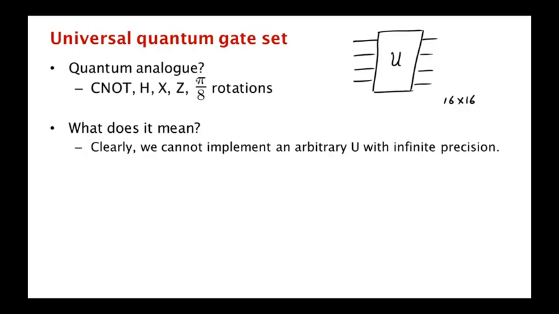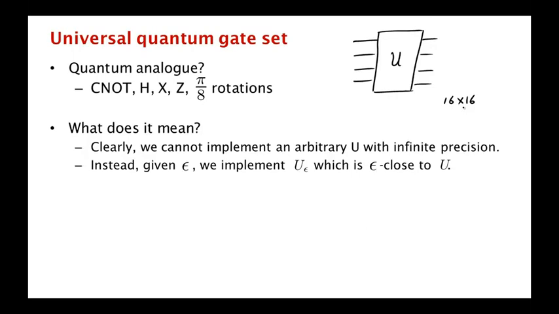And moreover, we'll do it pretty efficiently. Okay. Now, there's one problem. We cannot, of course, implement U with perfect precision, because U, after all, is represented by a 16 by 16 complex matrix, and you need infinitely many digits to specify this to perfect precision.